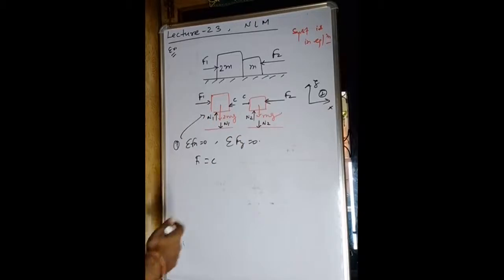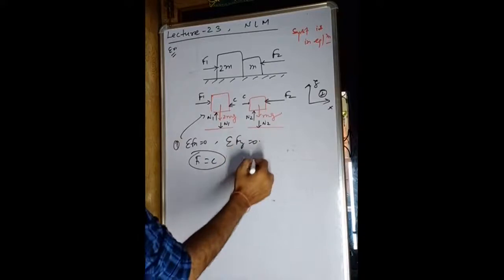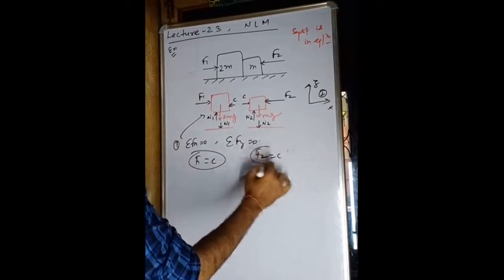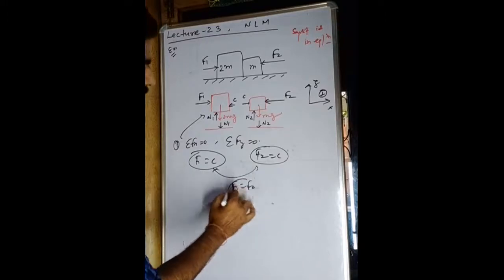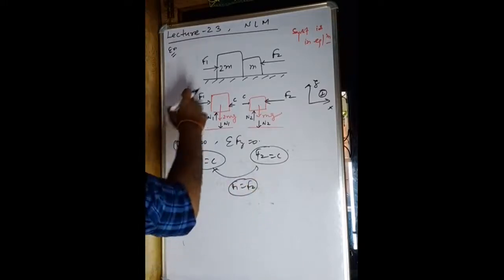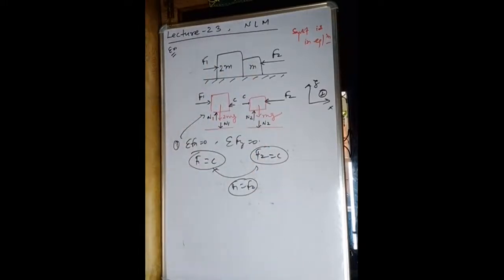So F1 equals C, and this is the answer. In the same way, you can write for this one, F2 equals C. So you can say F1 equals F2. Of course, if the system is not moving, the forces acting over the body will be equal to each other. All right, now the next question.